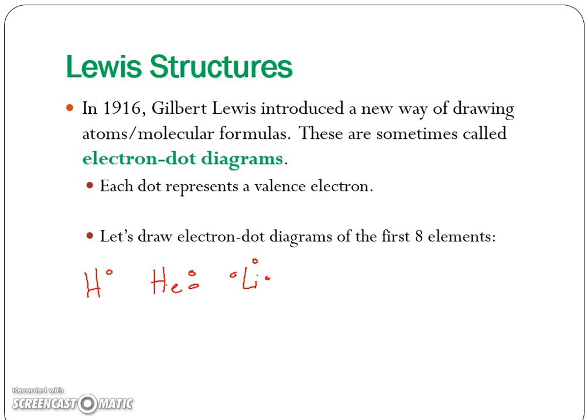Up next is beryllium, with its 1, 2, 3, 4 valence electrons. Boron is next: 1, 2, 3, 4, 5. Again, notice the order as I circle around. After boron, we have carbon: 1, 2, 3, 4. And the last one, let's do nitrogen: 1, 2, 3, 4, 5. So again, just making sure you draw them correctly.